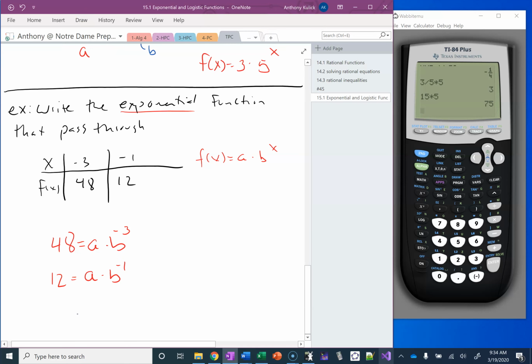Now, if you guys recall, we have this property of exponents that I'm going to use. What that's going to allow me to do is rewrite this as 48 equals a over b to the 3rd, and 12 is equal to a over b to the 1st.